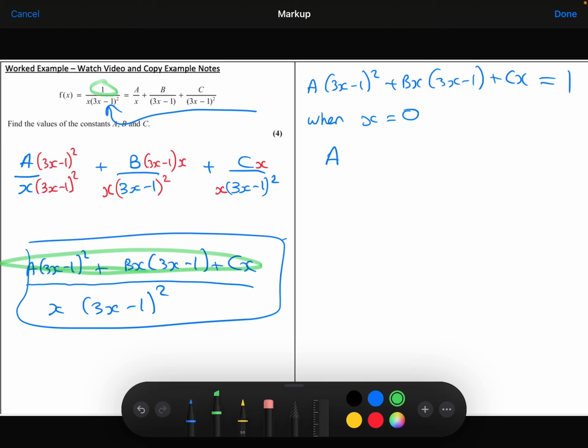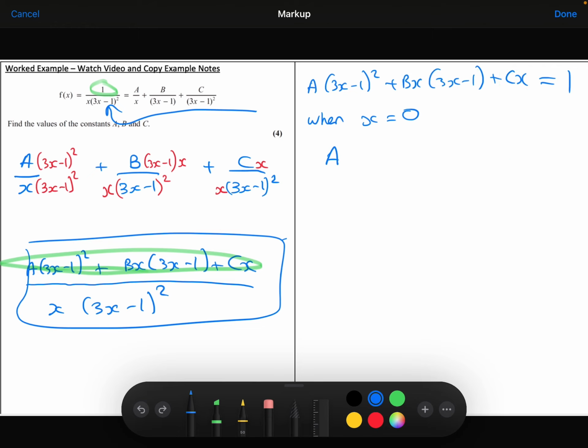And as I said before, when x is 0, this is 0, so all of that's 0 and I don't need to worry about it. And when x is 0, this is 0 as well. So by making x 0, I've got a really simple equation where I find that a is 1. So I know that a is 1.